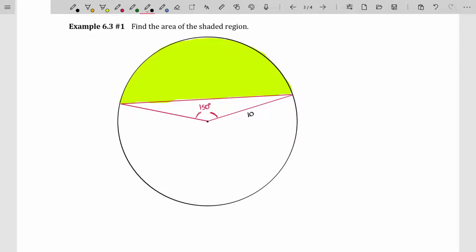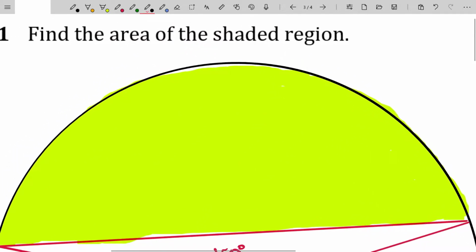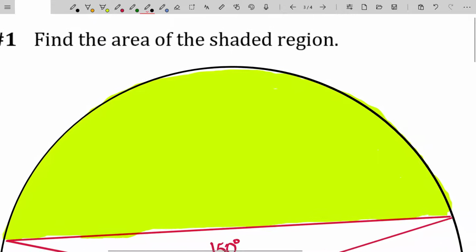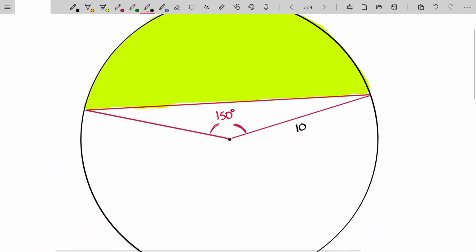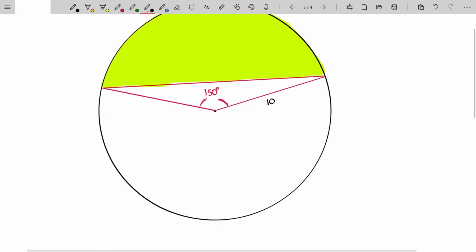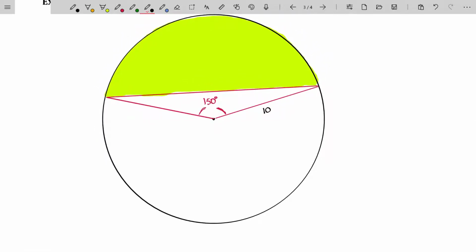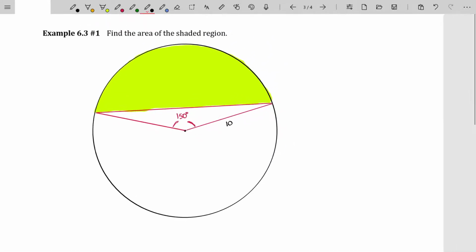How are we going to do that? Well, often in mathematics, finding the area of the shaded region is actually harder than finding the area of the unshaded region. So if we can find the area of the unshaded region and subtract that from the full area of the circle, we will have the area of the shaded region.